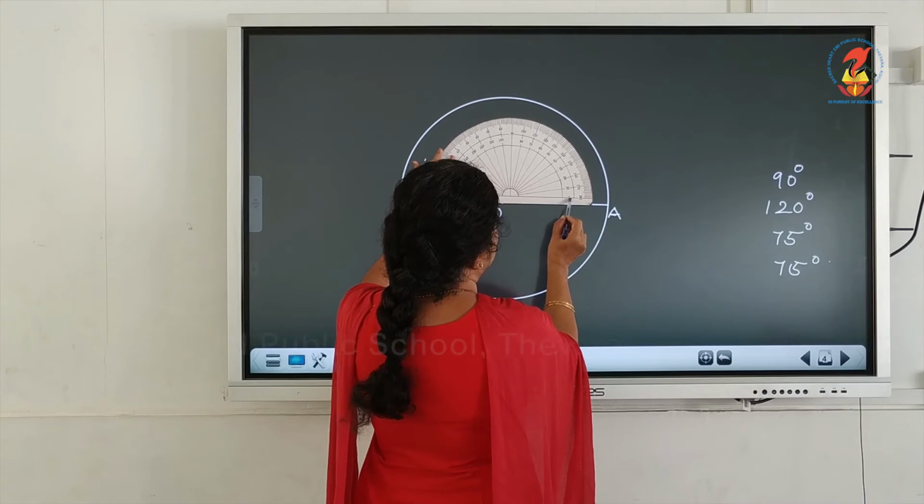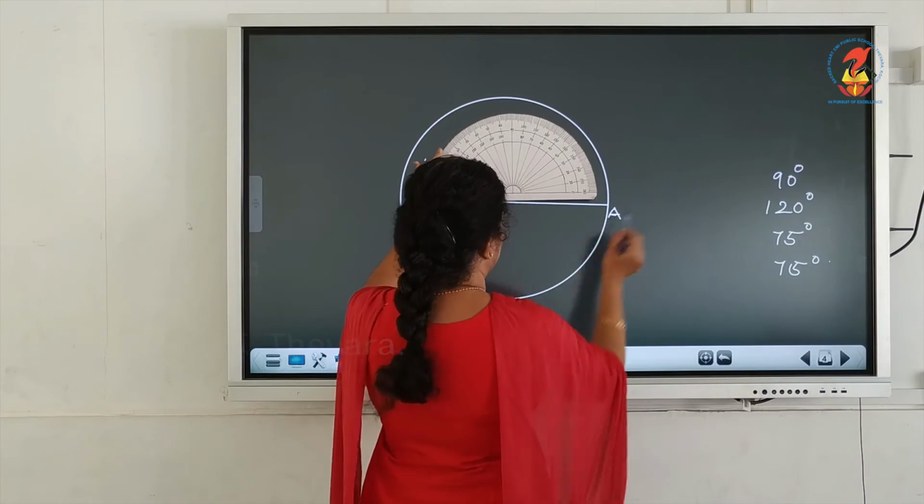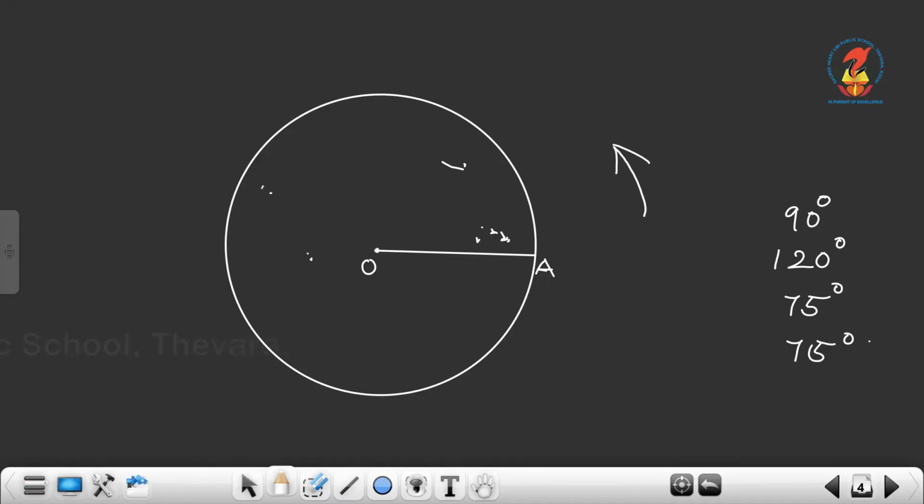The zero of the inner scale, so you have to move in the anti-clockwise direction.